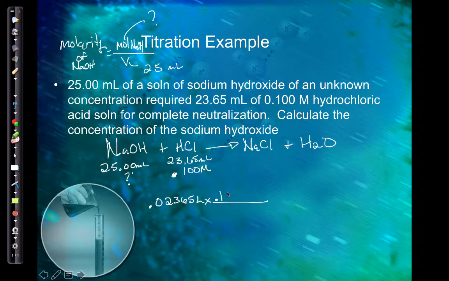So it's going to be 0.1 moles is equal to 1 liter, because we use our molarity as our conversion factor. Now we're going to figure out how many moles of sodium hydroxide that is. So now we have moles of what we have. Now we go to moles of what we want. It's a 1-to-1 ratio.